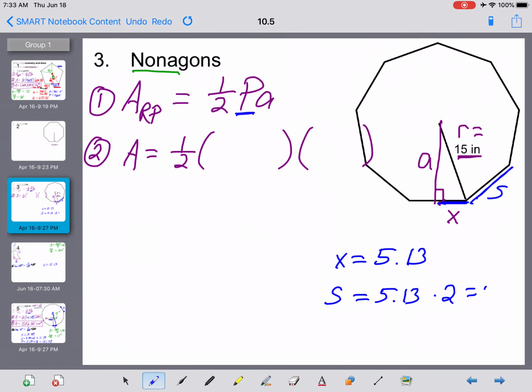Okay, so where am I here? 10.26 for a side length. And now for perimeter, we take each side length of 10.26 and we multiply that by the number of sides we're dealing with. And again, in a nonagon, n is equal to 9.